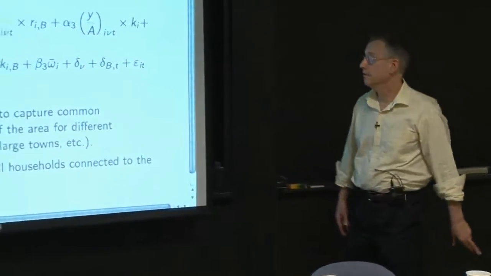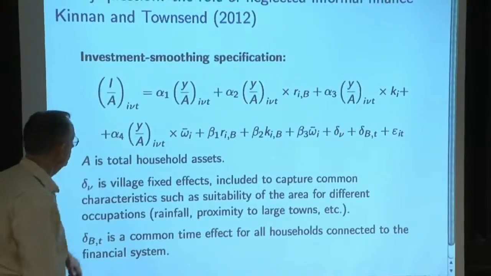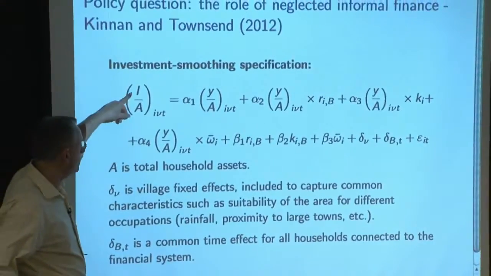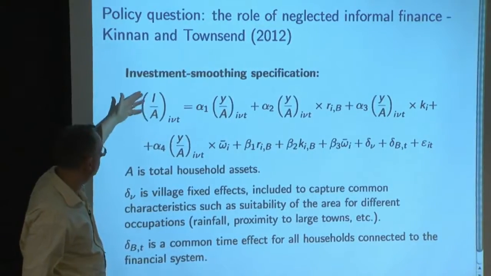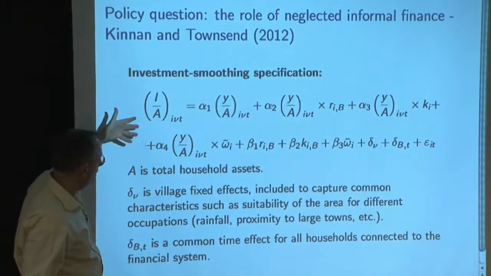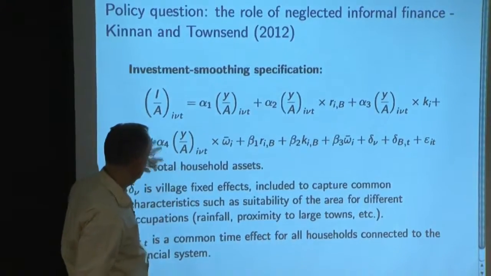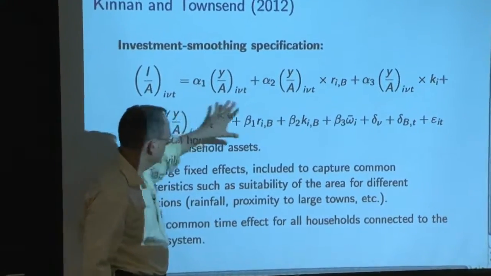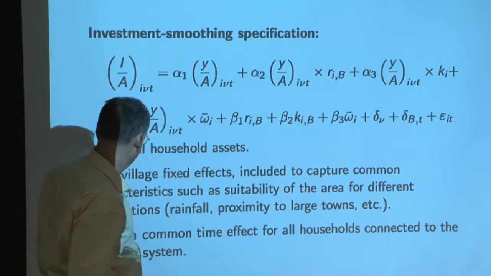This is the investment equation. It's basically very similar. I is just investment. It's actually normalized by the capital stock, so it's investment per unit capital. And again, it allows for the direct effect of income per unit capital, as well as the direct and indirect connections.